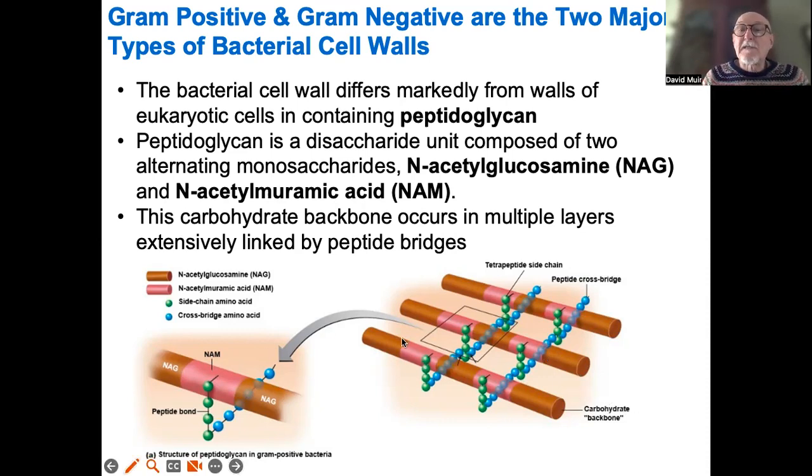Now, those filaments here are linked to one another by peptides, which link across, by protein units, forming very strong peptide bonds here, holding these filaments in a rigid and extremely strong sheet. So that is the basic structure of a single layer of the peptidoglycan.